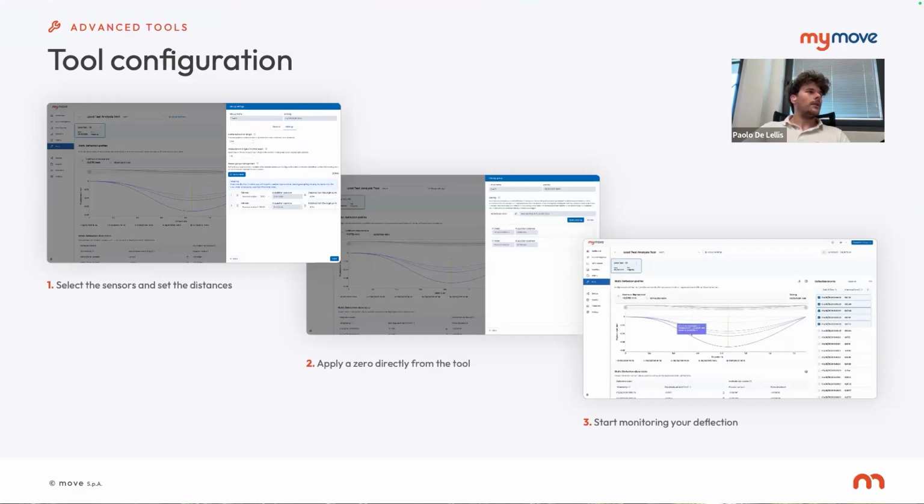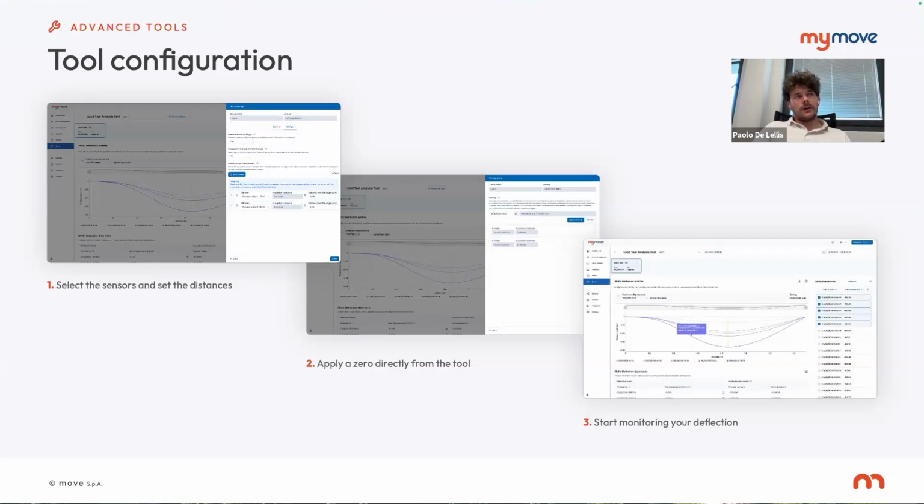You have only to select the sensor and the distance that you have in your, for example, chain. So you need to know only the length of your beam, of your span, in this case. You need to choose one or the other angle, the phi or the theta angle. You have to decide the distance between one sensor and the originating point.